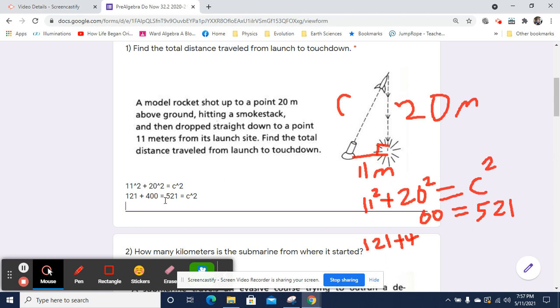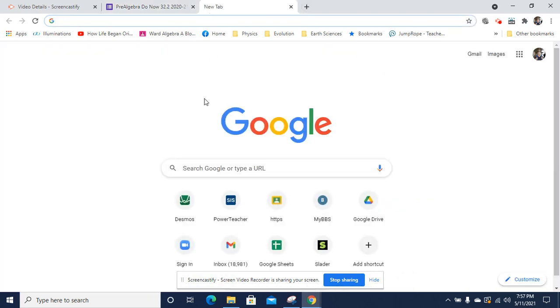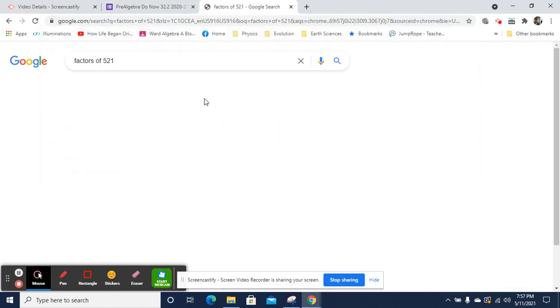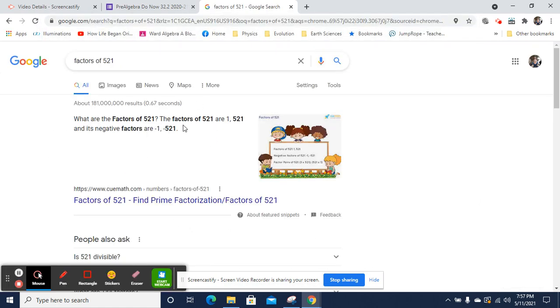Well, 521 might be prime. I'm not sure. I'm looking at it. It doesn't have any factors of 3 in it. It has no factors of 4, 5, or 6. 7 seems unlikely. 21 has a factor of 7, but not 521. So we're going to go ahead and take a look at the factors of 521. Okay. So the factors of 521 are 1 and 521.